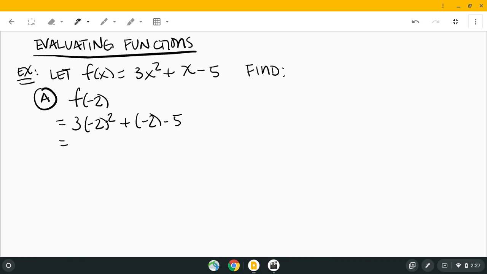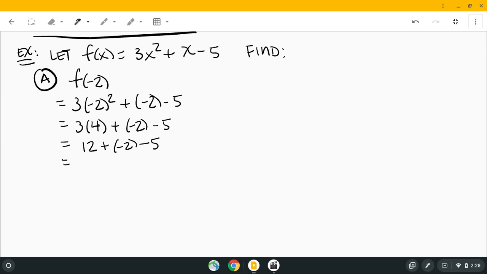Remember, order of operations, you have to do exponents first, then you can multiply by the 3. So negative 2 squared is 4. 3 times 4 is 12. 12 minus 2 is 10. And we get 5. Okay.